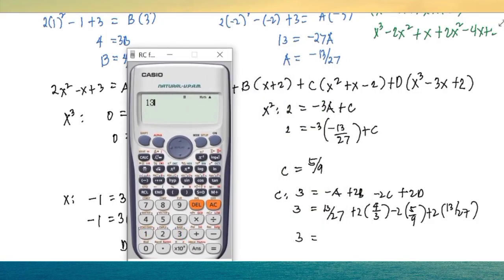We have 13 over 27 plus 2 times 4/3 minus 2 times 5 over 9 plus 2 times 13 over 27, and this should be equal to 3, and yes, that's 3.